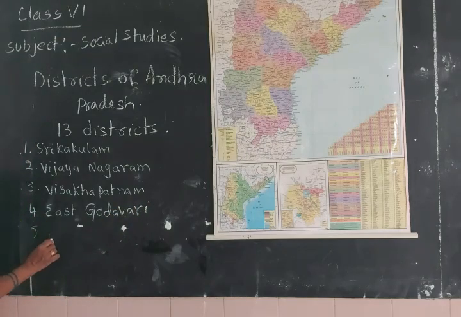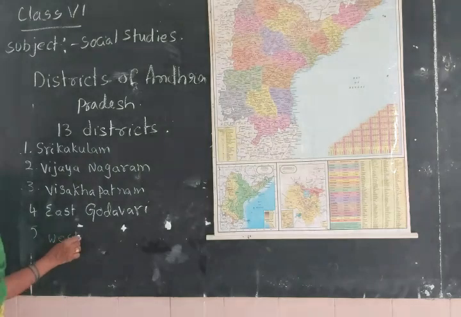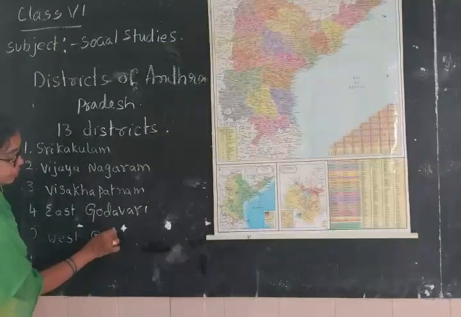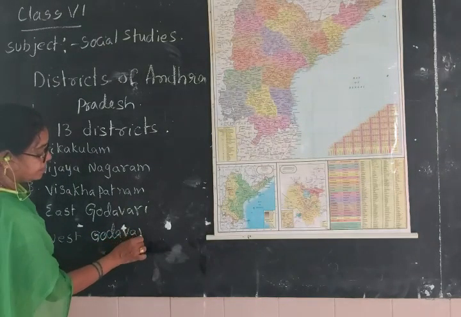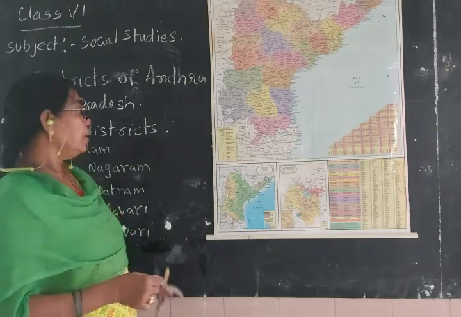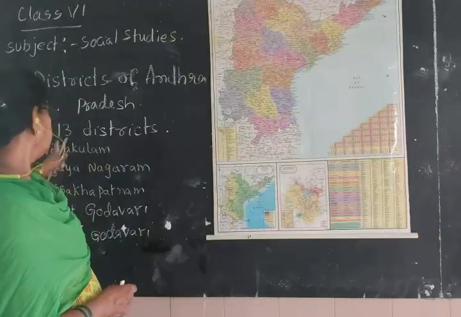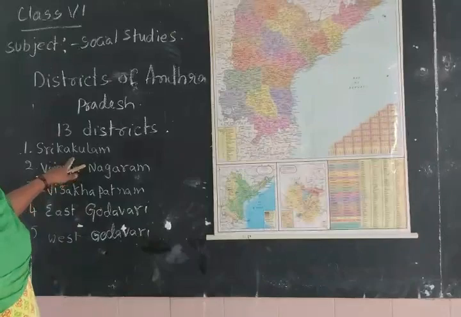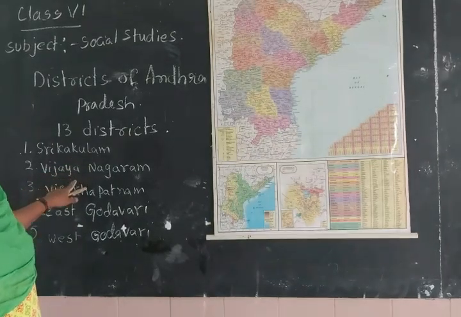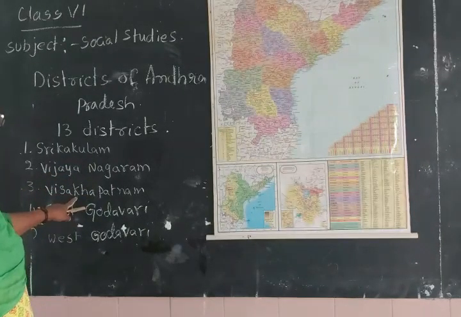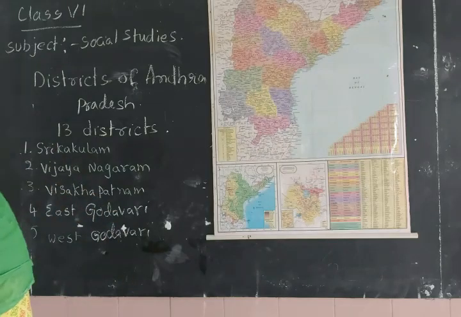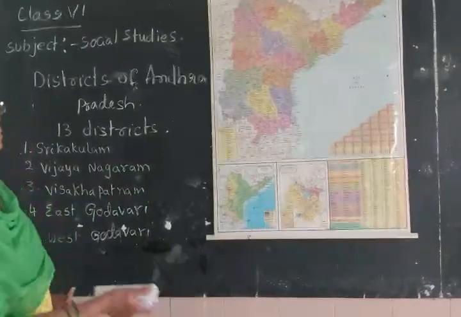Fifth one, West. Okay, these are the first 5 I have written. 13 districts are there. Srikakulam, Vijayanagaram, Visakhapatnam, East Godavari, West Godavari. 5 are over. Next, 6th one.